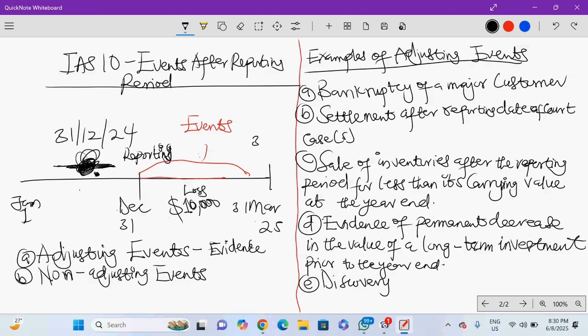An error is unintentional, but fraud is intentional. So these two we cannot overlook. These two are adjusting events. Discovery of fraud or errors.